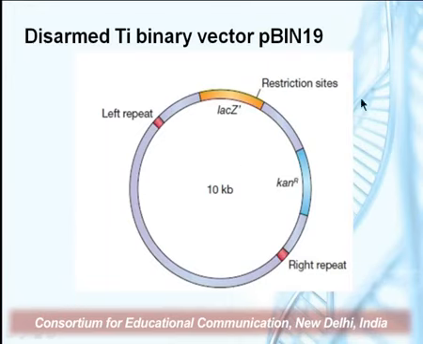So you can simply clone your gene of interest, introduce it into the Agrobacterium tumefaciens, and select the transformants based upon the insertional inactivation of the lacZ gene or the antibiotic resistance marker for the presence of the plasmid, and then you can isolate this recombinant plasmid and transform it directly into the plant cell.